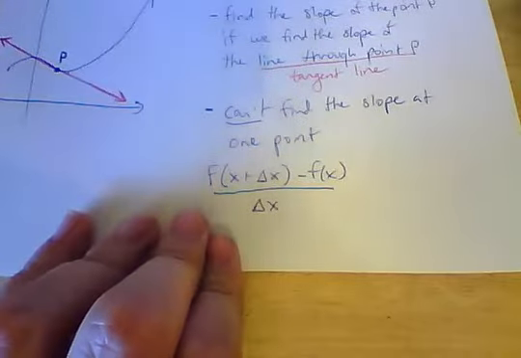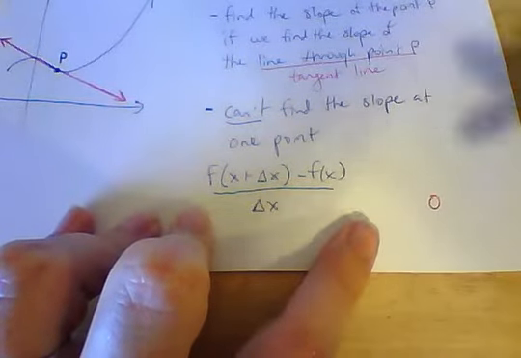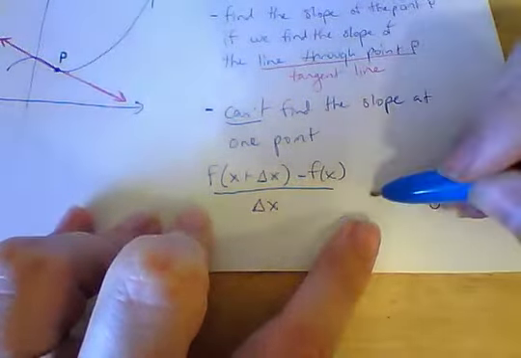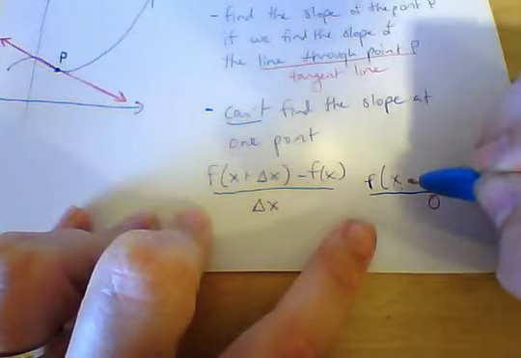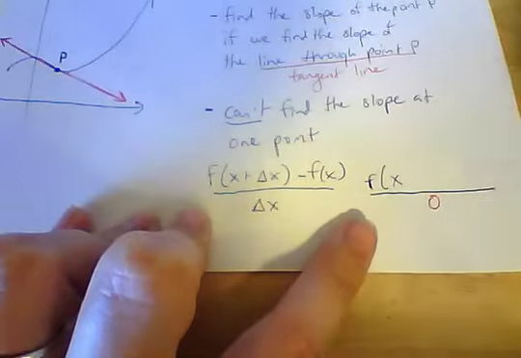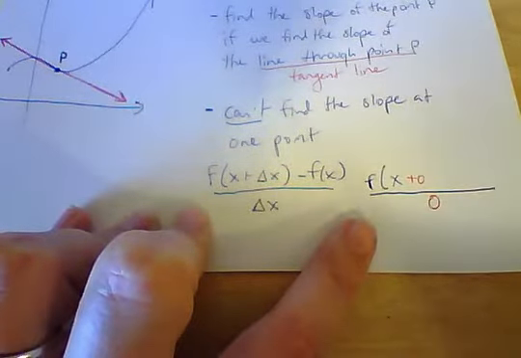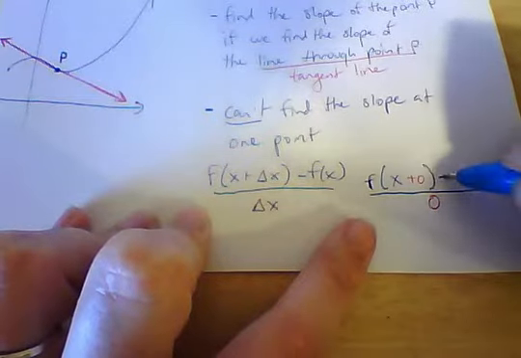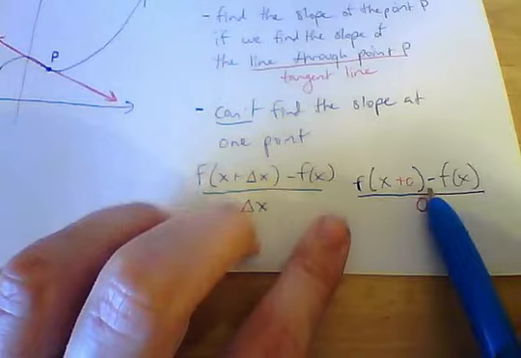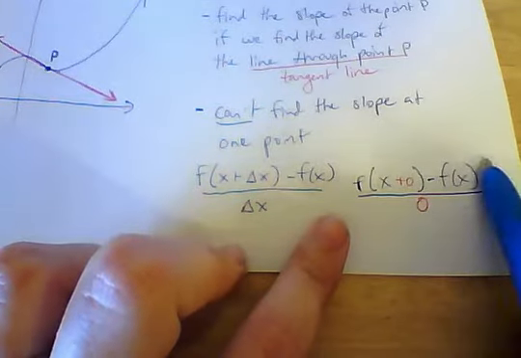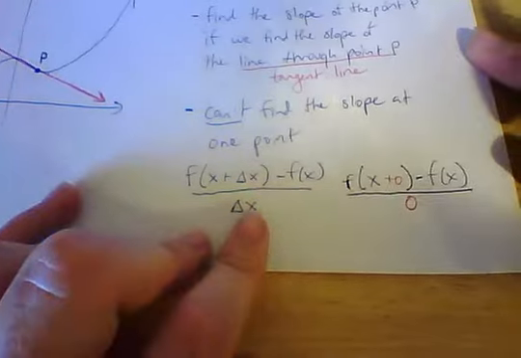And you guys know by now that if we filled in 0 on the bottom for change in x, and we filled in 0 on the top for change in x, we would just get on top f of x minus f of x, which would be 0, and on the bottom we'd have 0, and we know we can't have 0 at the bottom of a fraction.